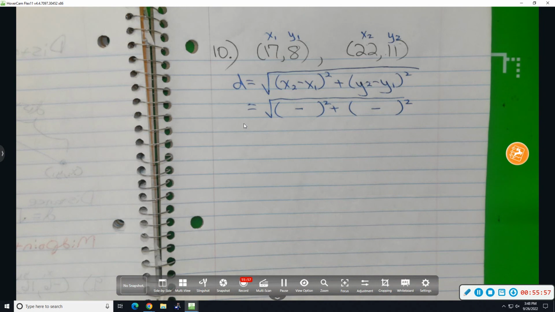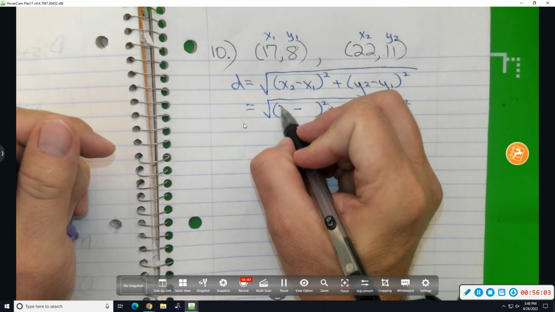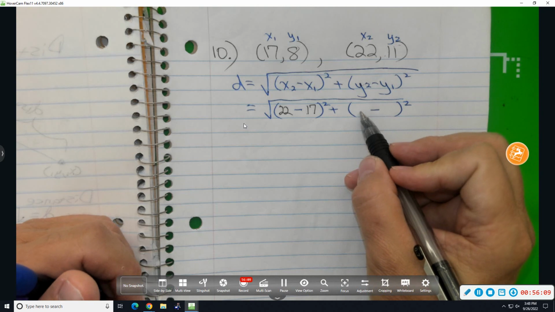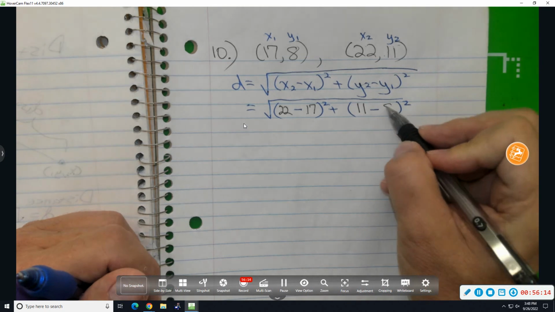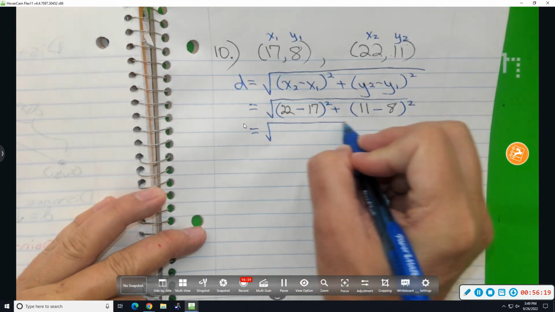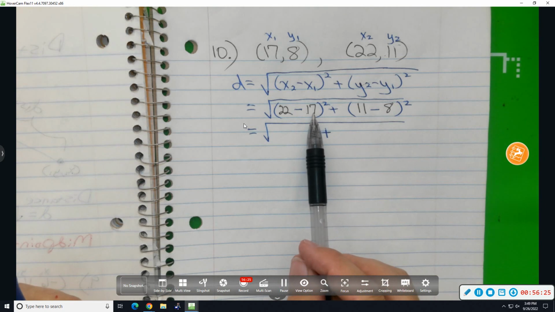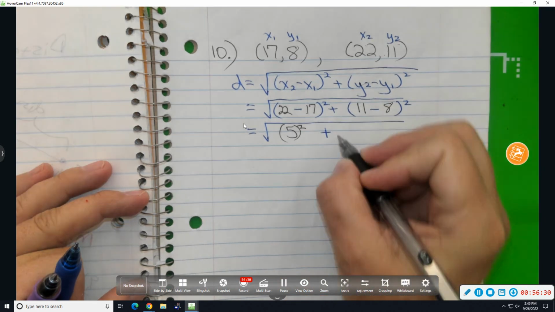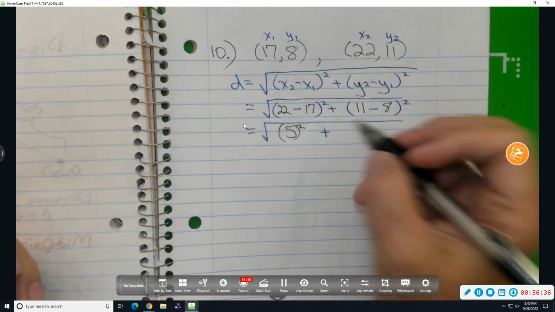Okay. I'll let y'all call out these numbers here. 22 minus here. Okay. Here. 11 minus. 22 minus 17 is 5, so we have 5 squared. 11 minus 8 is 3, so we have 3 squared.